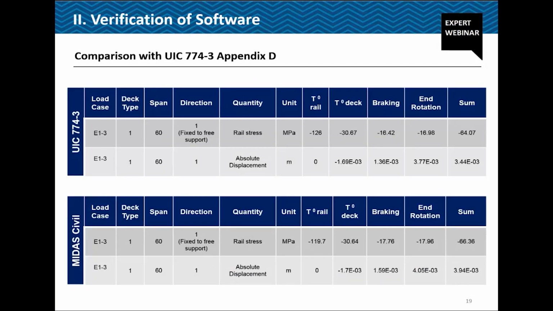And this is the summary of the UIC code. You can find this summary table in the UIC code. In a similar manner, I have checked this with MIDAS Civil, and the result is quite comparable. So I'm quite confident that the MIDAS result demonstrates rail and structure interaction very well.